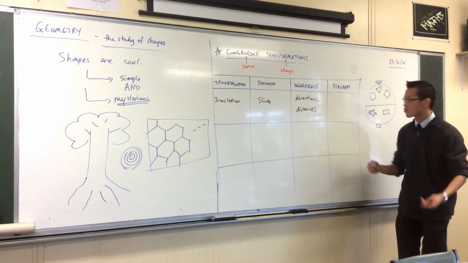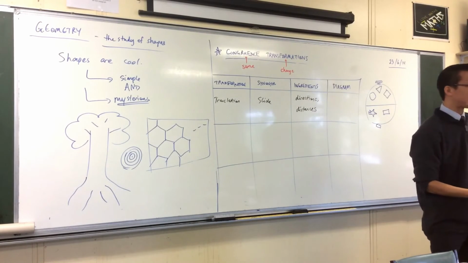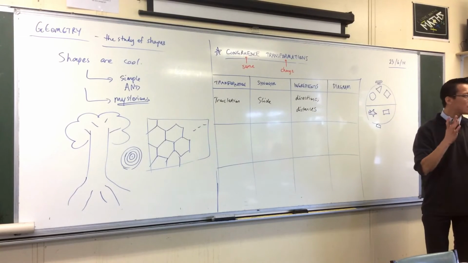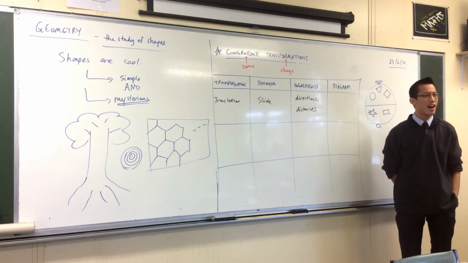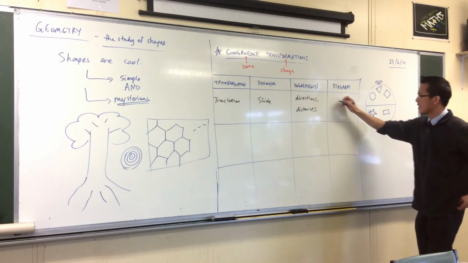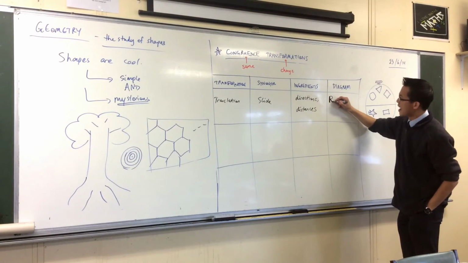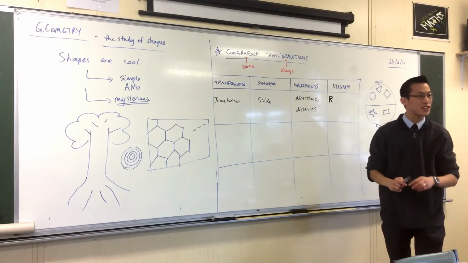Okay, so let's quickly draw one. Now, instead of doing a rectangle, because that turns out to be rather boring, okay? Let's do a letter. How about the letter? No, we've got to be careful. I'm going to pick the letter R. Now, serious question.